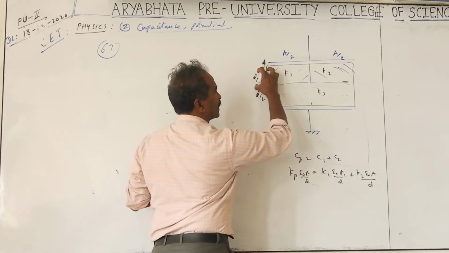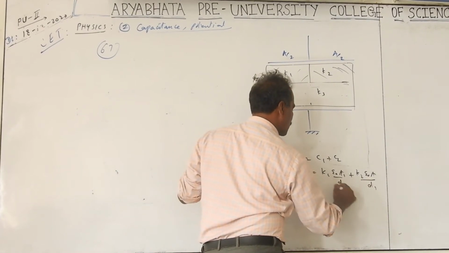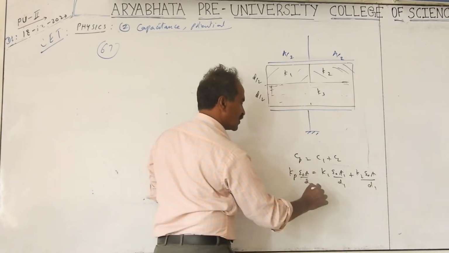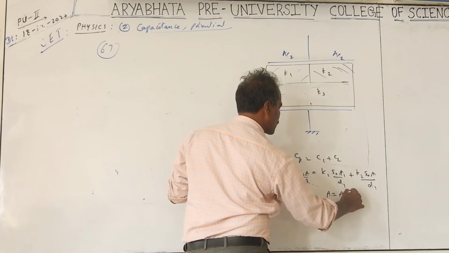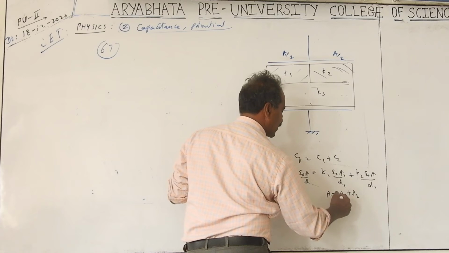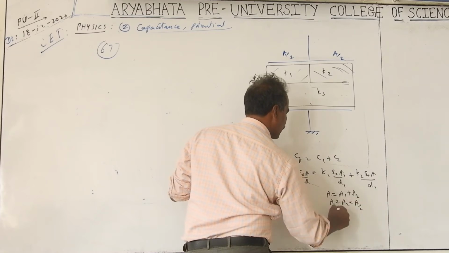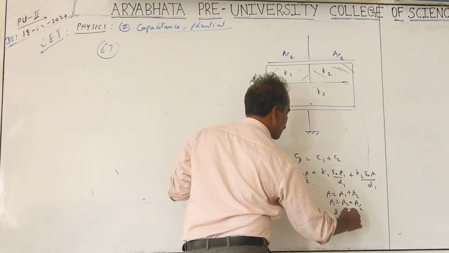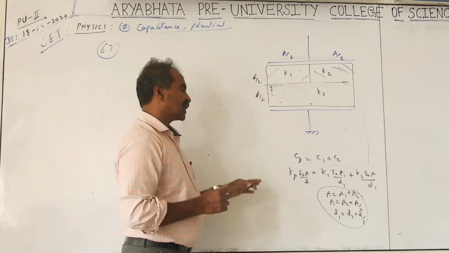These two have the same thickness, which you could write as D1, D1. In this case, A equals A1 plus A2 in total. That means A1 equals A2 equals A by 2, and D1 equals D2 equals D by 2, as given. So that is the formula you have to remember.